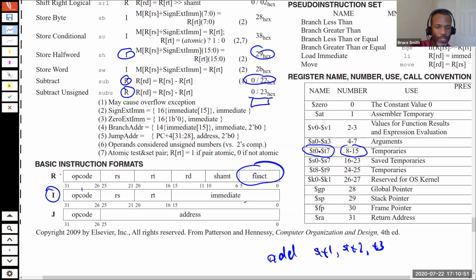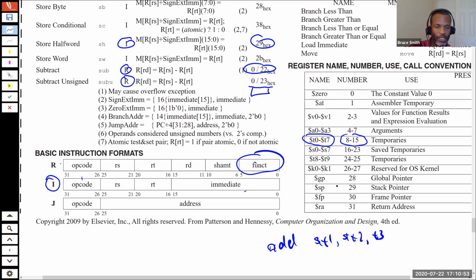So register T0 is also register 8. Register T1 is also register 9. T2 is register 10. T3 is register 11. So I don't really need to use the name of the register. I could always just use the number.